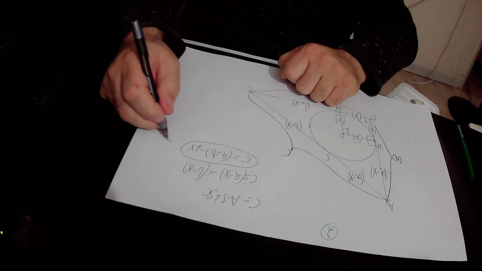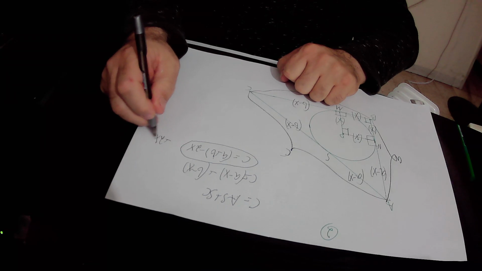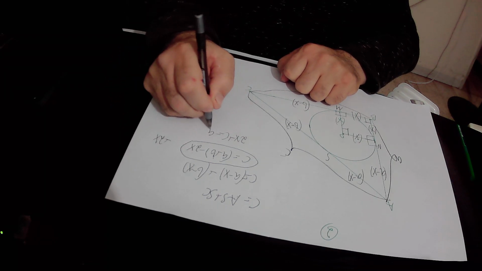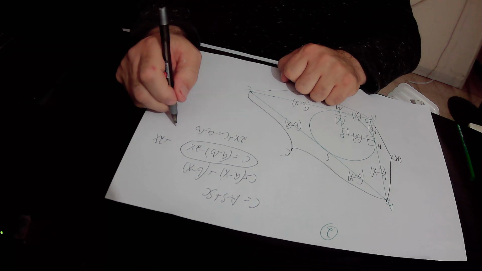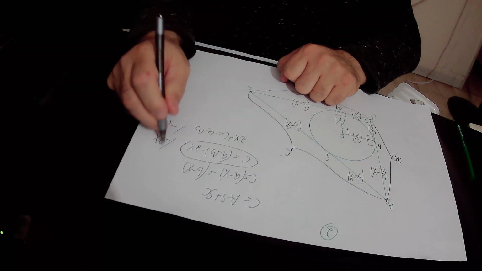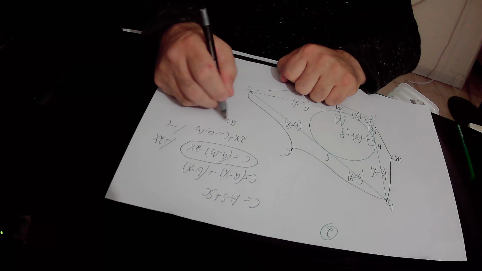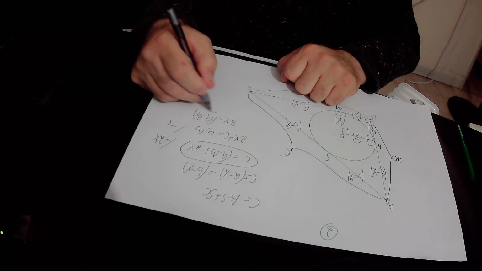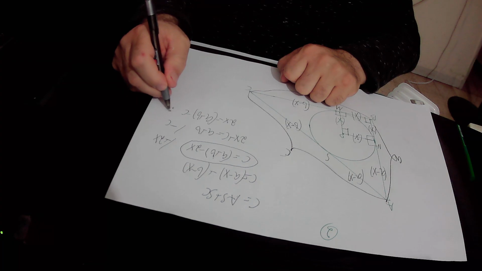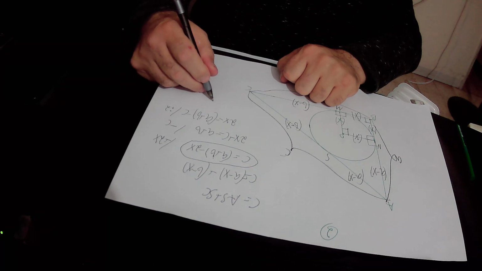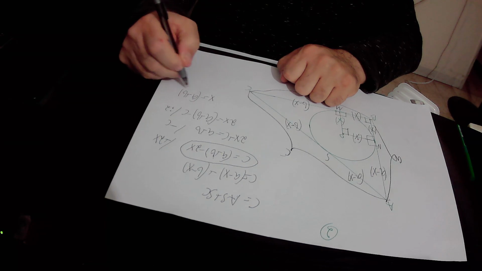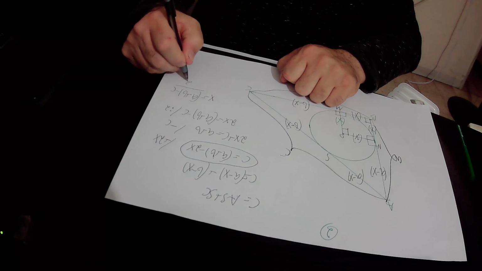We add 2X to this equation, and we get that 2X plus C equals A plus B. Here we subtract C from this equation, and we get that 2X equals A plus B minus C. Here we divide this equation by 2, and finally we get that X equals A plus B minus C over 2.